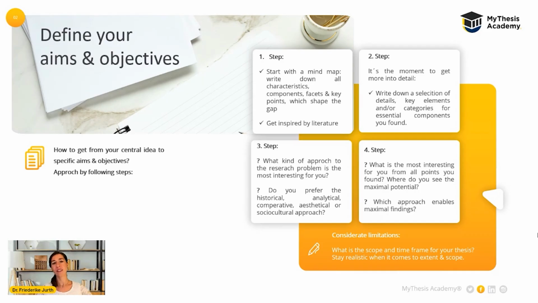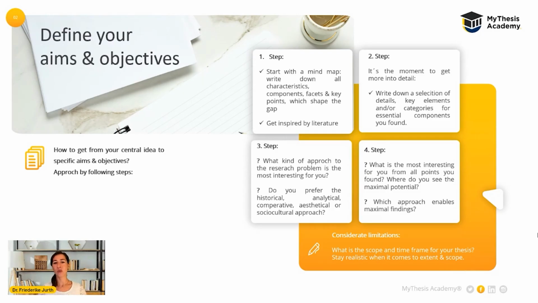So where do you have the great chance to develop something in you, maybe? And well, also if you define your aims and objectives, then you also have to think about the limitations, because it is very good if you have a number of possibilities and what you can reach with the findings.